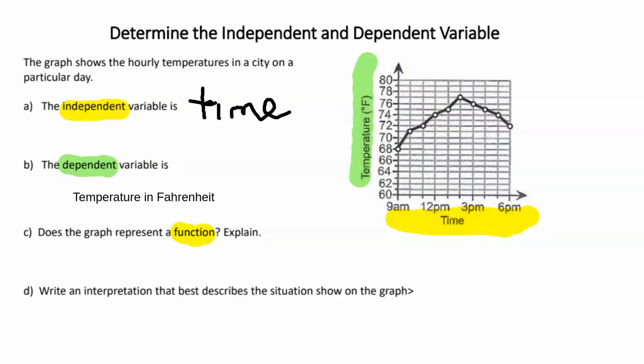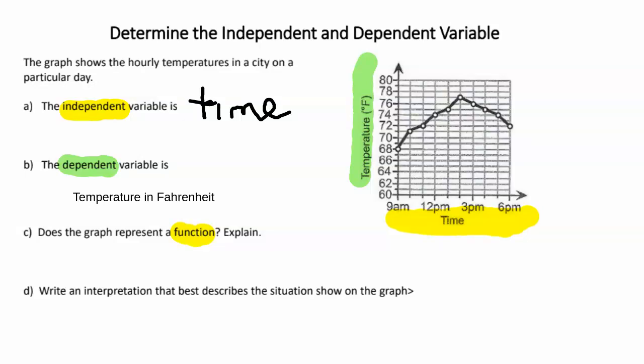Okay, now a function is a graph, but, and I'm going to put it over here, to be a function, you can only have one x value to one y value, or each dot on the graph passes the vertical line test.